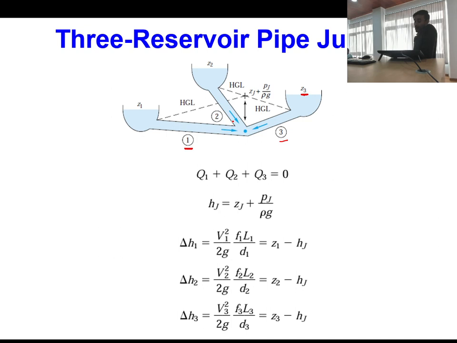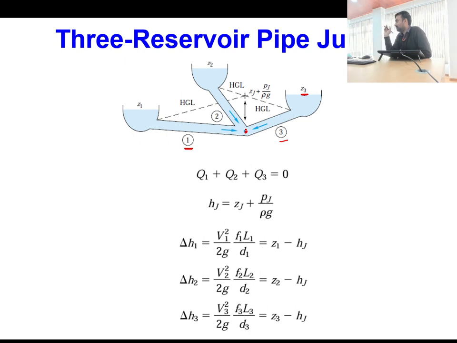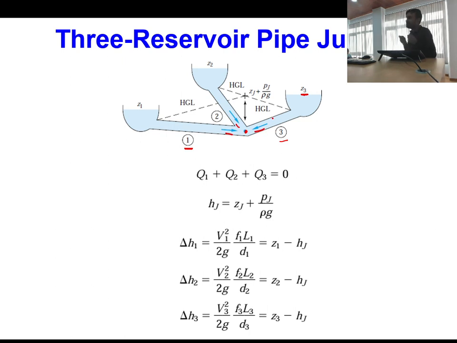Okay, so how to solve this type of situation? The very first thing we can do is consider that at this junction point, from all the pipes flow is coming towards the junction. That is the assumption we have made. Okay, so you can see this arrow and this arrow all are showing that flow is coming into the junction.